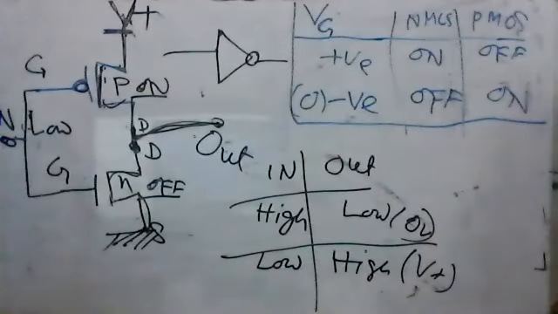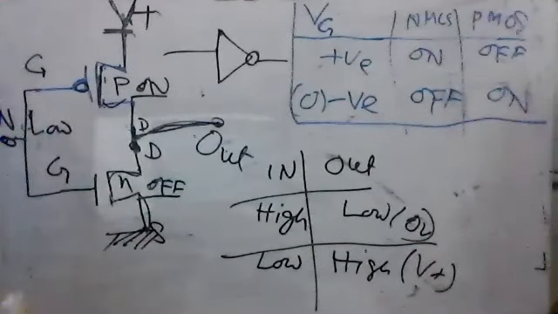Here, this is a not gate, without anything else, just one PMOS and one NMOS. There's no resistance, no BJT, no capacitor, no inductor, just one NMOS and one PMOS. That means one CMOS.